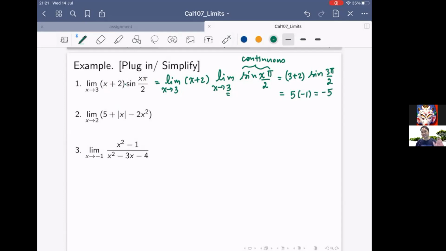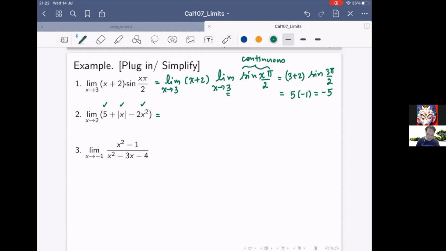Okay, so it looks like you just plug in, but actually this can happen because your function under consideration is continuous. This one is continuous, this one is also continuous, this one is just a constant, right? So you are going to have 5.